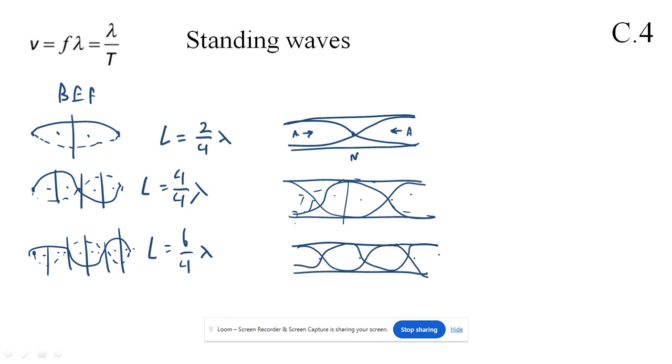You draw your own. If you're laughing at me, don't laugh at me. This is going to be six quarter wavelengths. One there, one there, one there: six quarter wavelengths. And so again, this will go one times the frequency, two times the frequency, three times the frequency.